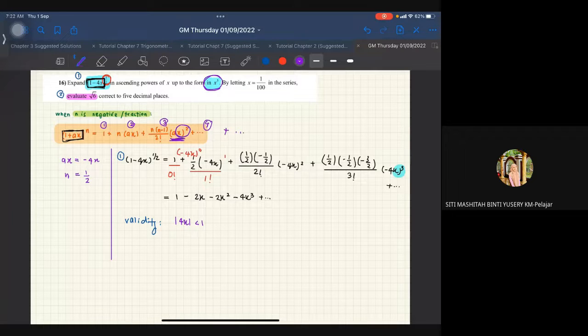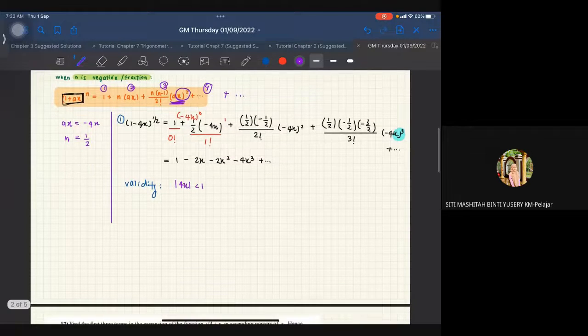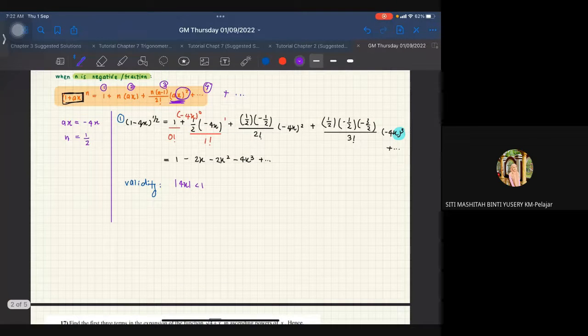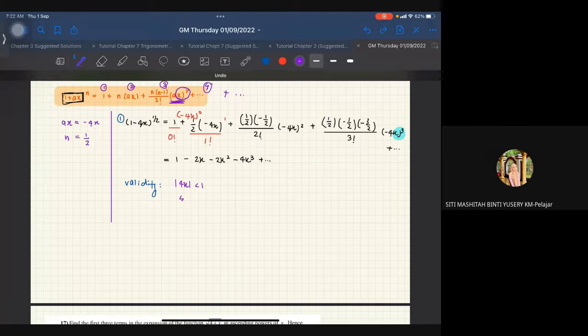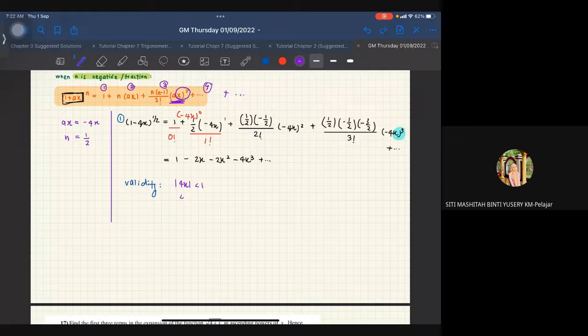Okay, so kalau awak pergi to n of your combination of number line, dia akan menjadi seperti ini. -1 less than 4x less than 1. Kalau awak jumpa modulus yang less than, dia memang akan auto jadi macam ni.